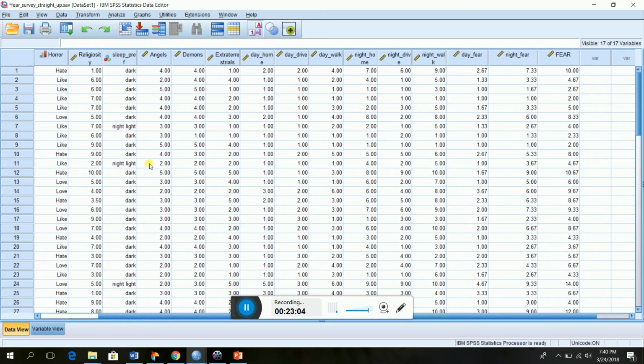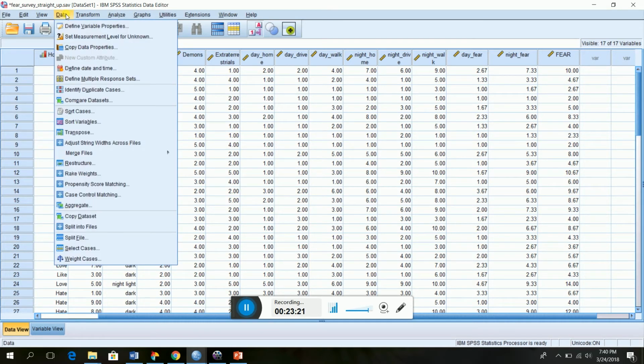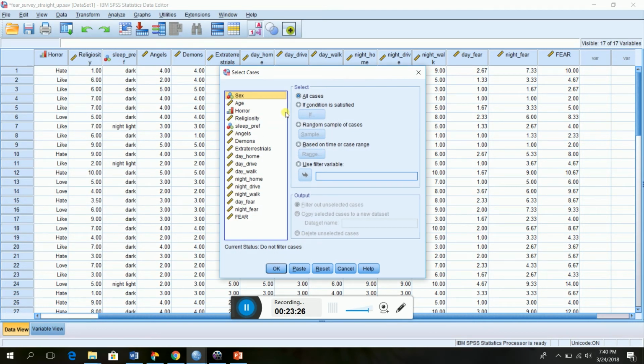Now we know we're going to have to run dependent t-tests on the hate group. In order to do that, you have to tell SPSS that you only want it to look at the people who hate horror movies. You want SPSS to ignore everybody who likes and loves them. So to do that, we go to Data, and then we go to Select Cases.